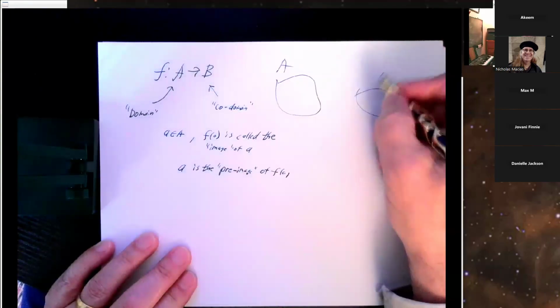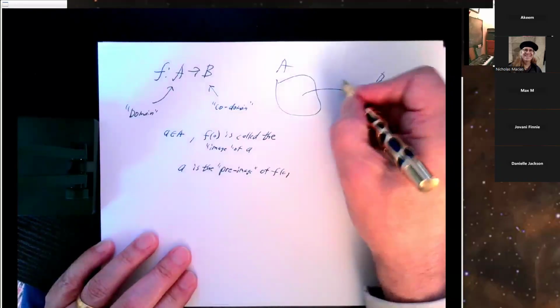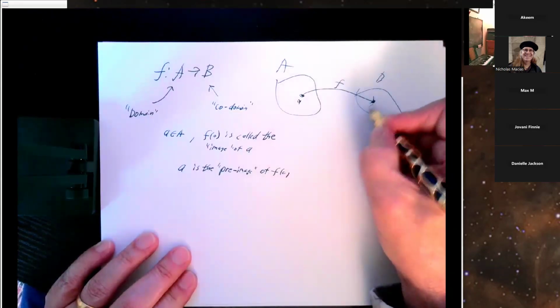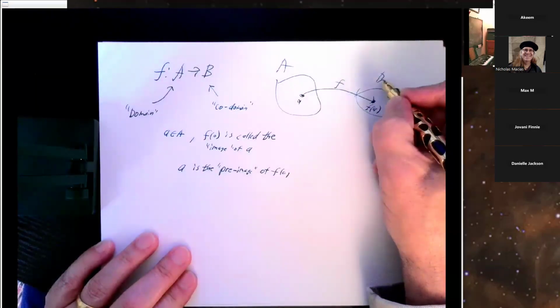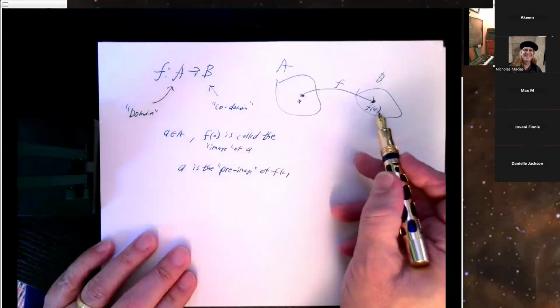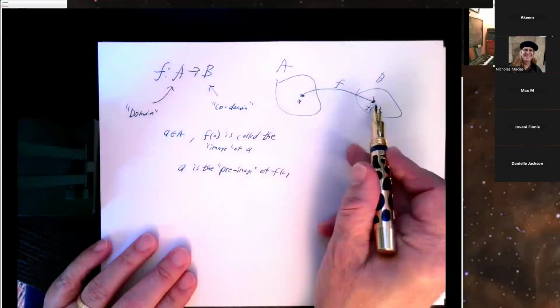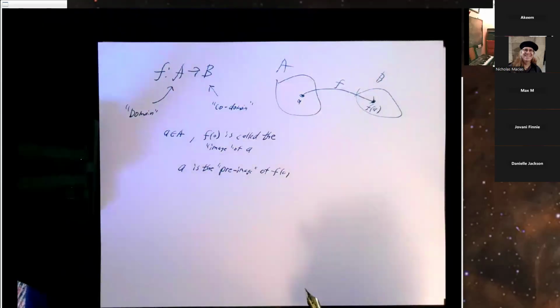So again, in pictures, here's our element a, here's f of a. So the image of a is just the thing that f maps to. The pre-image of this point is the thing that maps to f of a.